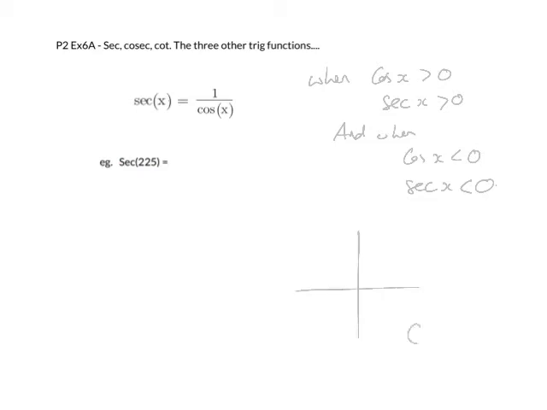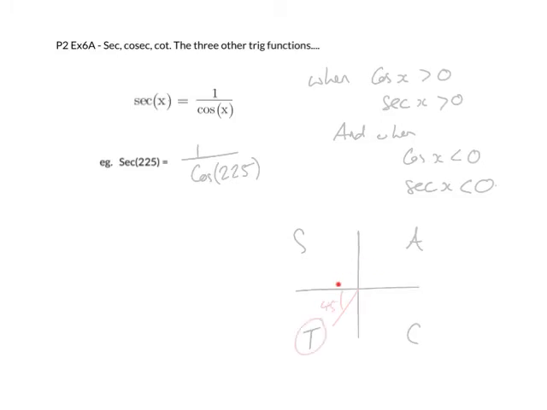Well, we'd treat this just like a normal problem that you can already do, but recognizing sec is 1 over cos is your way of looking at cos 225. That's the way to deal with this problem: recognize the equation, look at what it is that you can figure out, and go and figure that out.